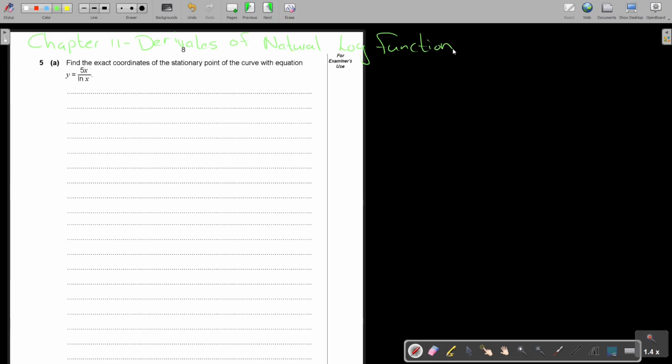But the name of that chapter will be further differentiation. Okay, I'll give you now specific pages.